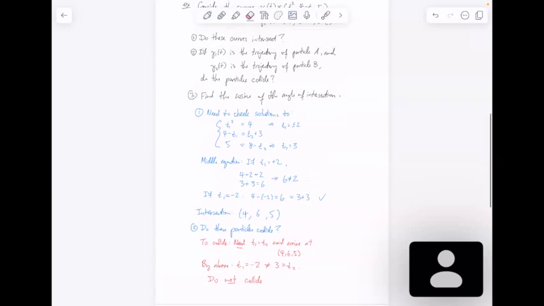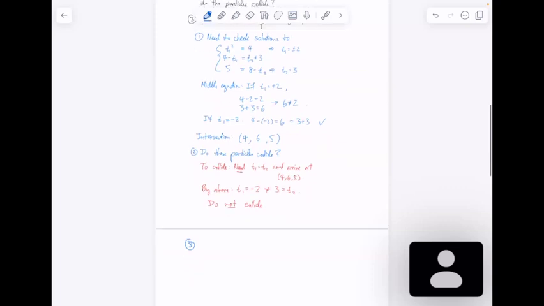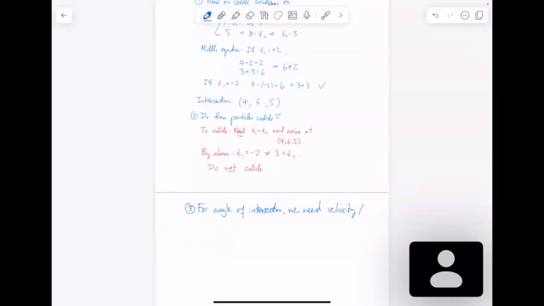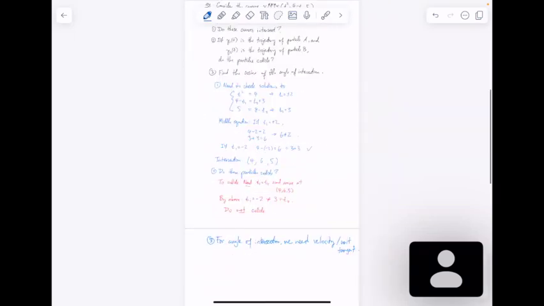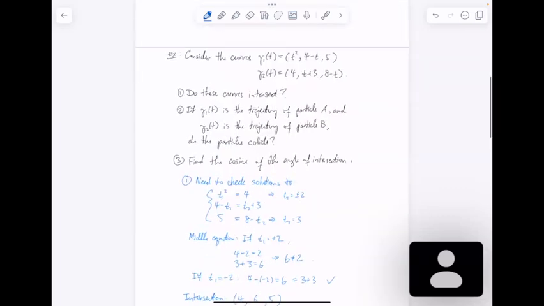So what we wanted to do next was find the cosine of the angle of intersection. They intersect at this point, (4, 6, 5). For the angle of intersection, we need the velocity or unit tangent vectors. So we look at gamma 1 dot of T. Gamma 1 is given to you by this parameterization.